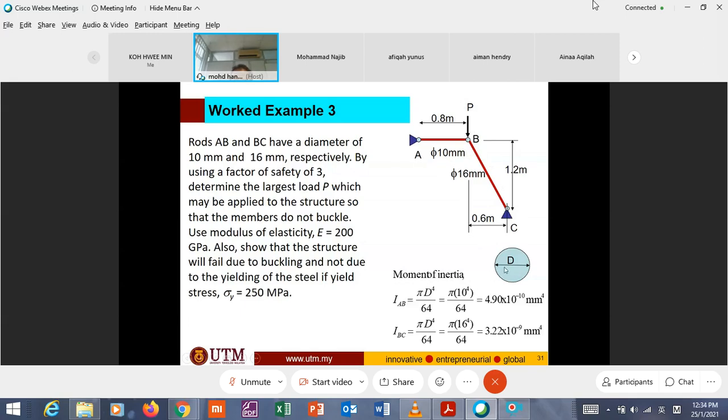Moment of inertia of a circle is pi d to the power of 4 divided by 64. This one also we have to memorize because it is not easy to derive. So you have to memorize pi d to the power of 4 divided by 64.